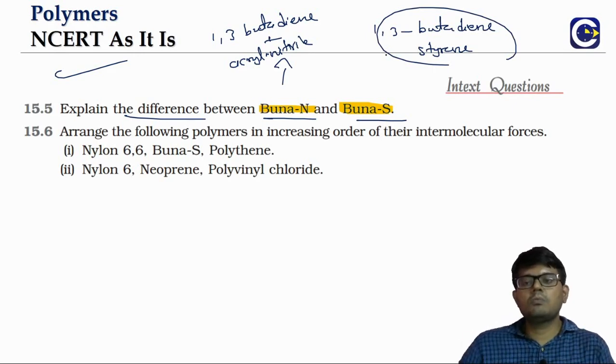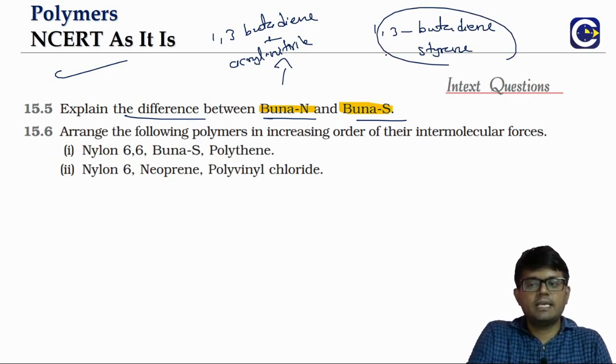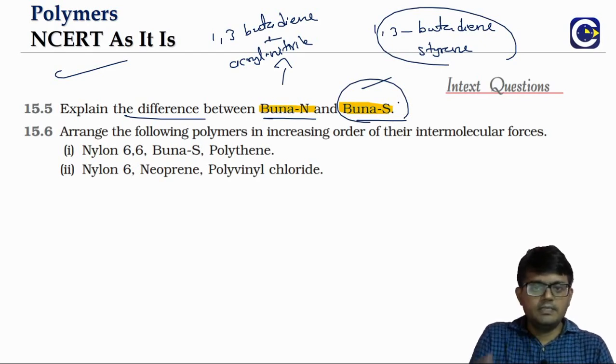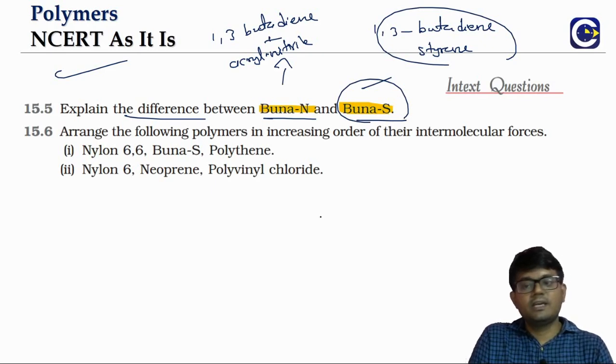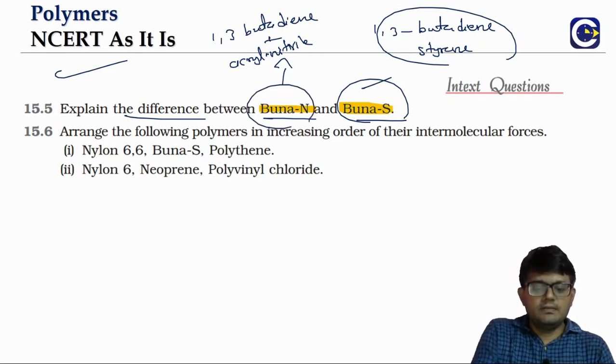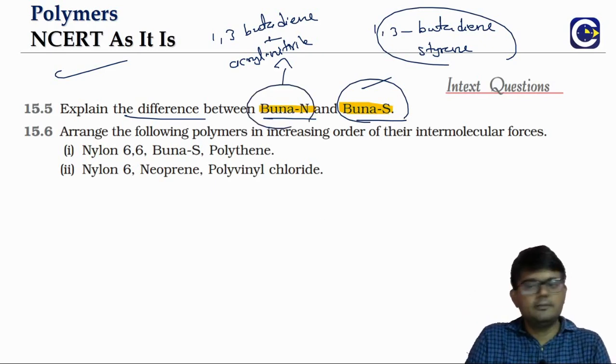And we can even talk about the difference in terms of the uses or applications. BuNaS, right, is used in various places, including the rubber in the bubble gum that we use, that is also consisting of BuNaS. BuNaN we have seen, it is used in the tank lining, etc.